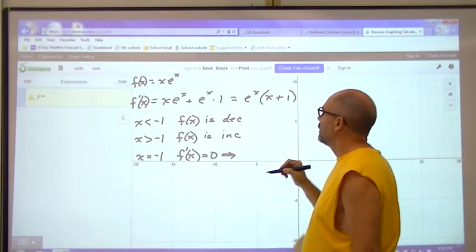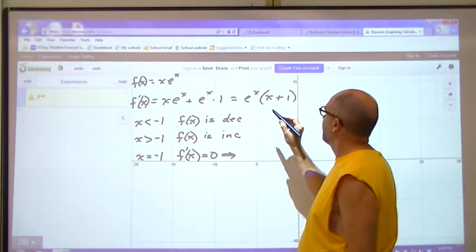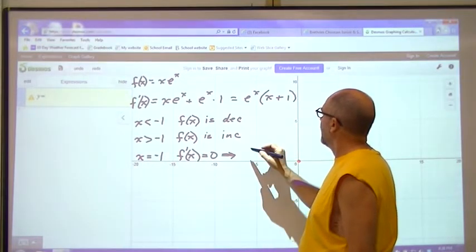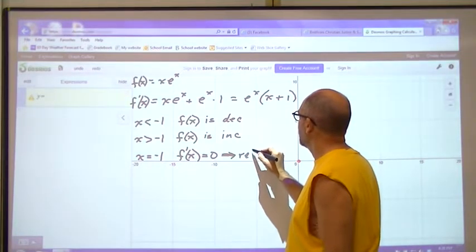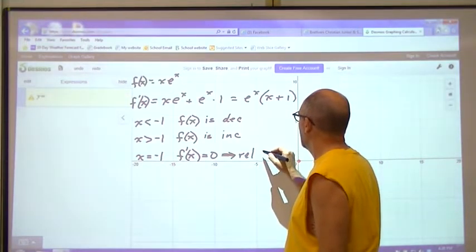Decreasing to increasing, so yeah, that means x equals negative 1 is a relative min.